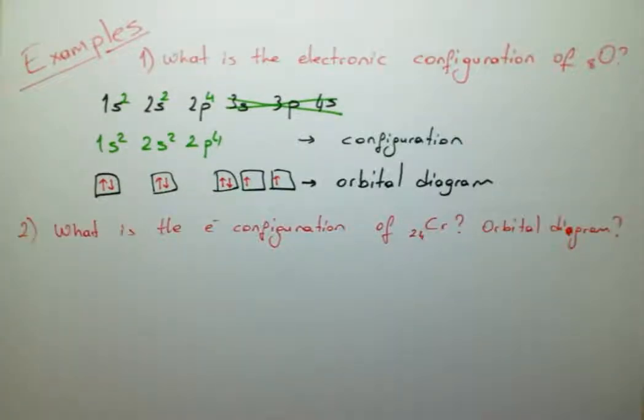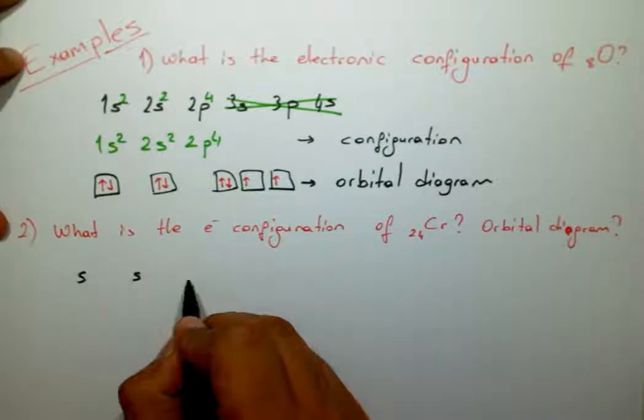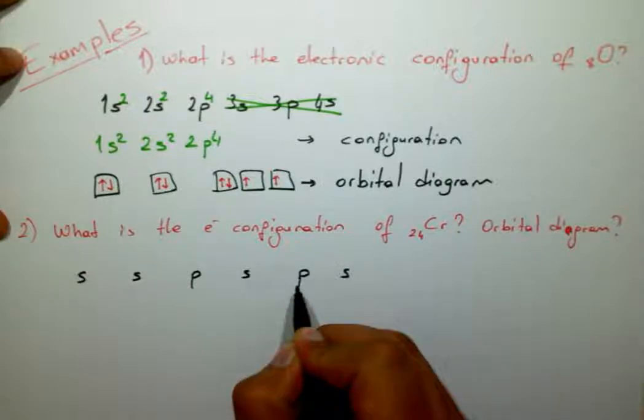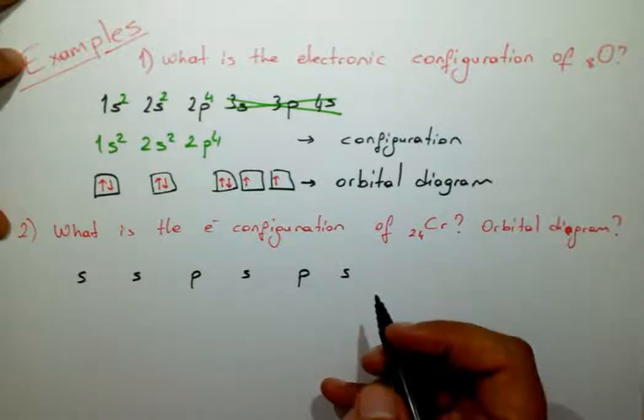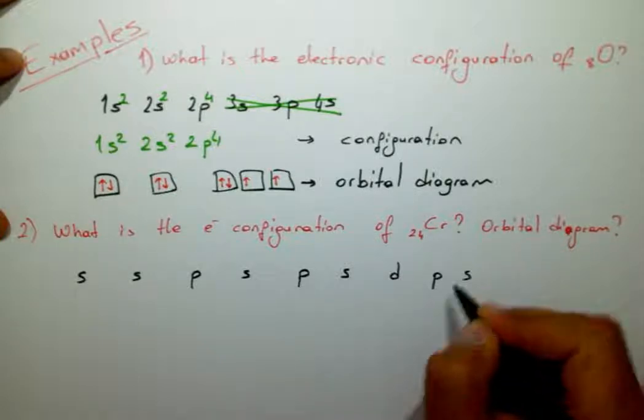In the second question, the question is what is the electronic configuration of chromium 24, and show the orbital diagram. To do this, again we start with the orbitals: s, s, p, s, p, s. You need to do this for a while to get used to it, and the p, s.